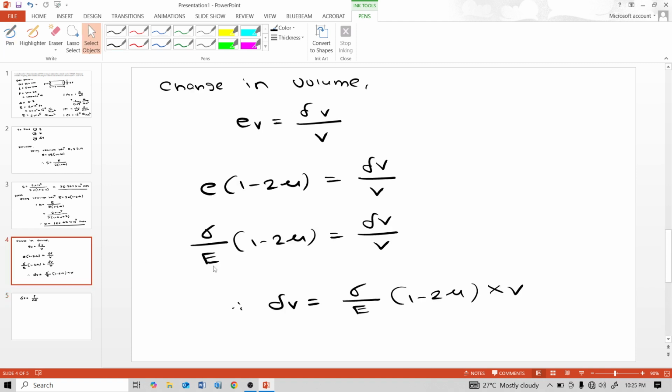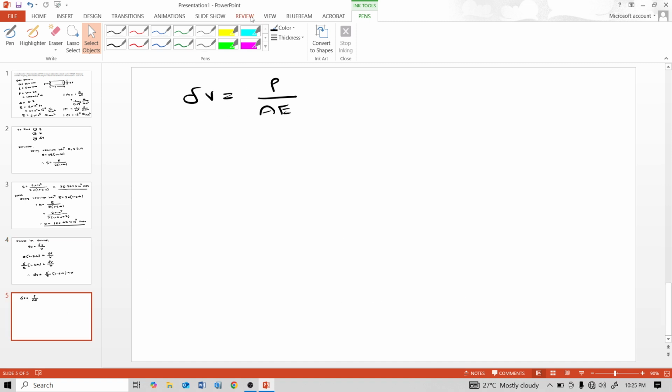I put stress as load upon area, P by A, into 1 minus 2 mu into volume.